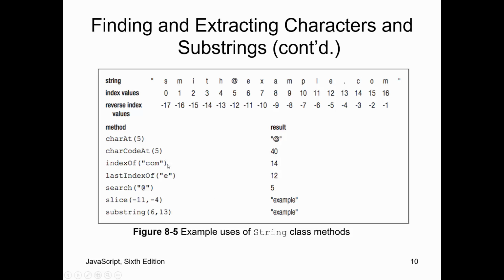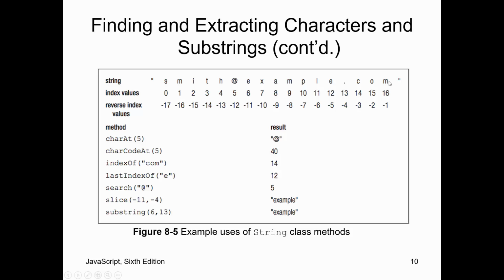Alright? Where's the last time an E shows? You can see it's at character 12. Where do you find the @ sign? It's at character 5. Then they show two different ways that you can slice. Now this says -11, so I believe it means count backwards.